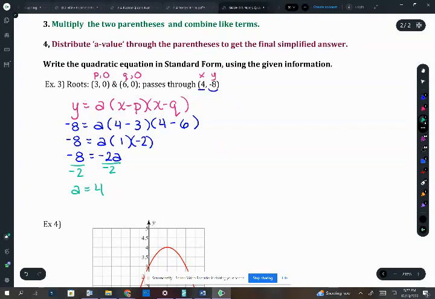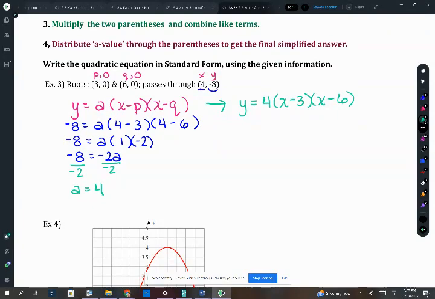So as we have a is equal to 4, we're going to rewrite our equation. We've got y is equal to, or f of x, whatever form we're using, 4 times x minus p, which is 3, and then x minus q, which is 6. And that leads us to our step 3, which is we're going to multiply our parentheses.